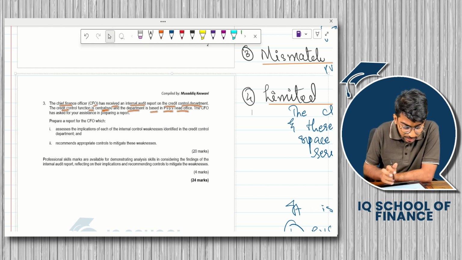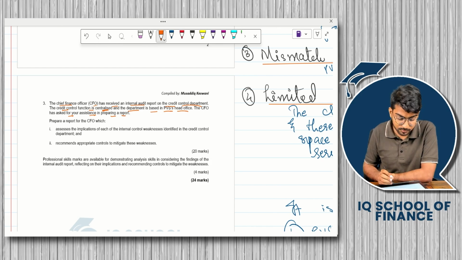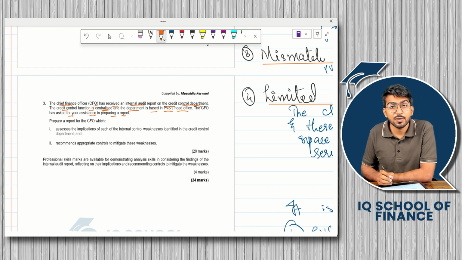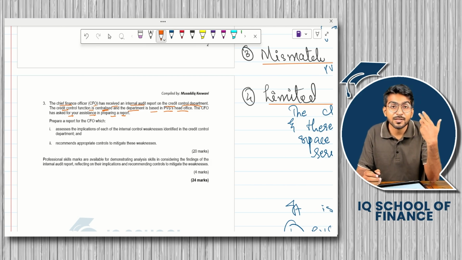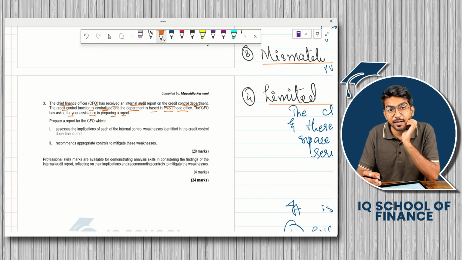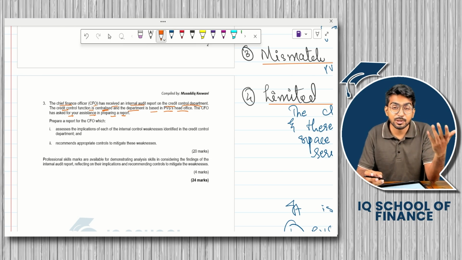The CFO has asked you for your assistance in preparing a report. Basically, the CFO also mentioned this in the board meeting, that he has received an internal audit report on the credit control department, and that internal audit report has some control deficiencies identified. So the CFO is now asking you to assist him in preparing a report.